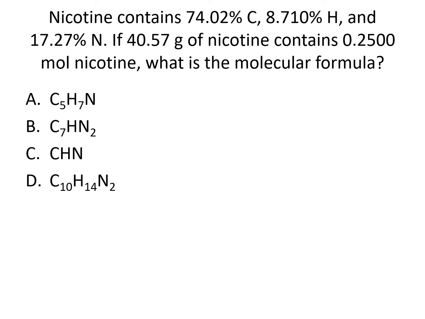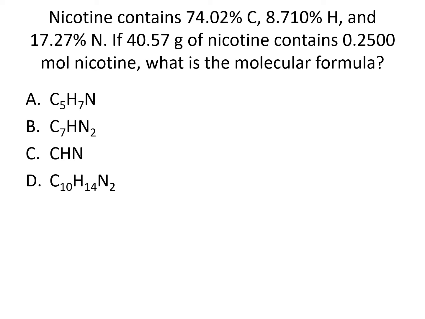Nicotine contains 74.02% carbon, 8.710% hydrogen, and 17.27% nitrogen. If 40.57 grams of nicotine contains 0.2500 moles nicotine, what is the molecular formula? You're given percent composition.